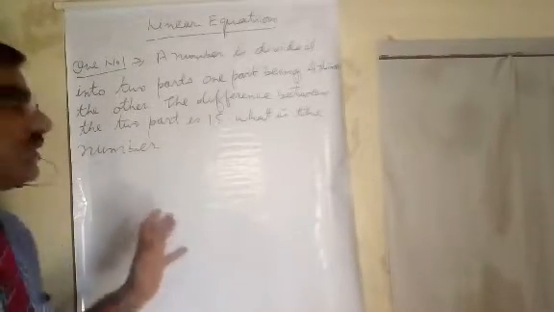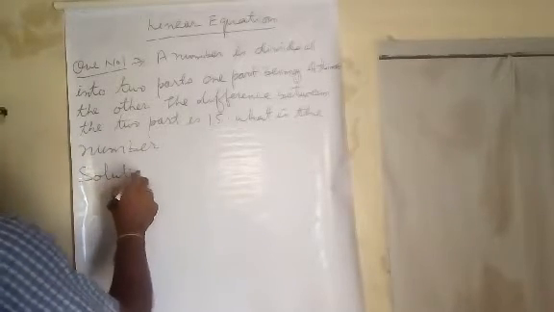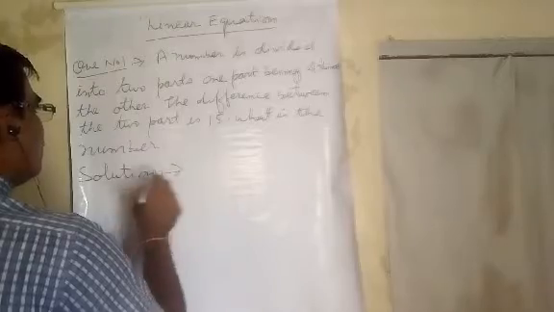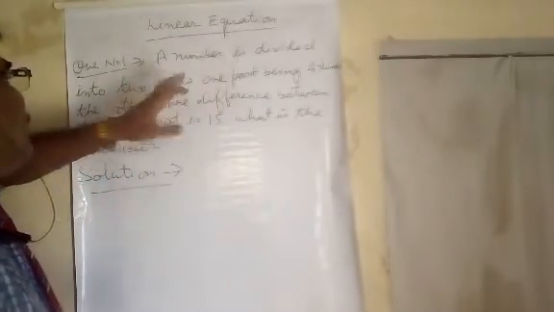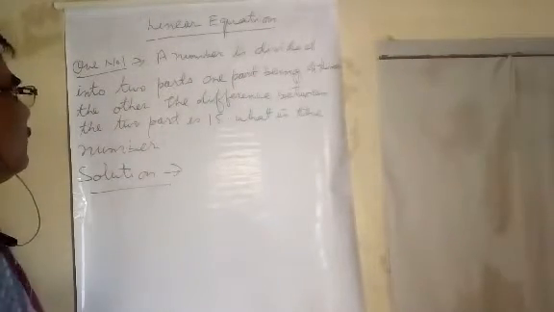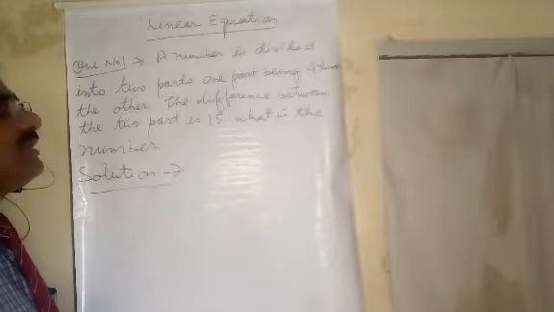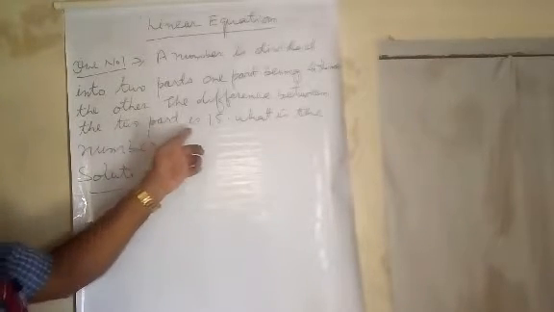In the solution of this question, a number is divided into two parts, one part being four times the other. The difference between the two parts is 15.